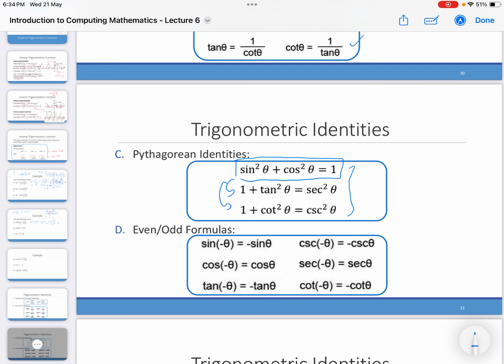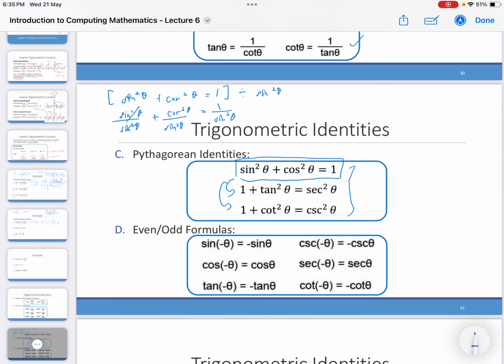To get the second one, we have sin squared theta plus cos squared theta equals 1. Then we divide both sides by sin squared theta. So sin squared theta divided by sin squared theta plus cos squared theta divided by sin squared theta equals 1 over sin squared theta.